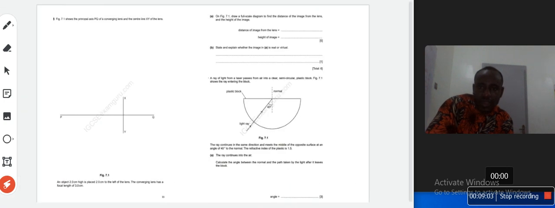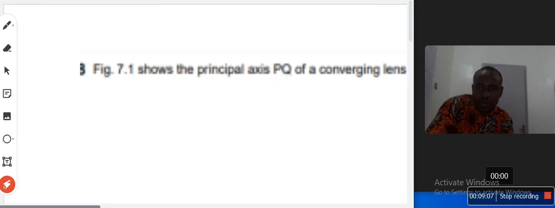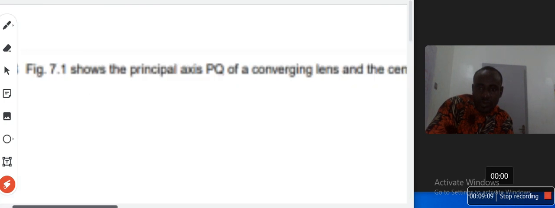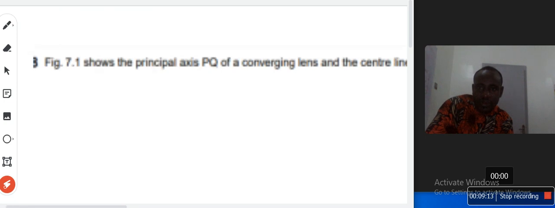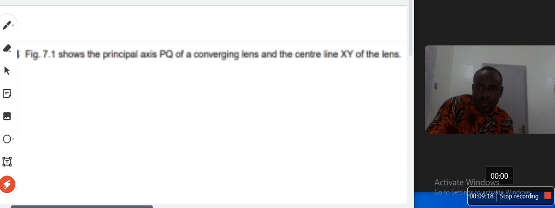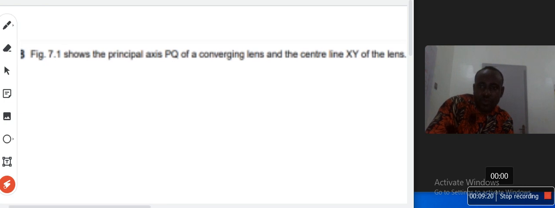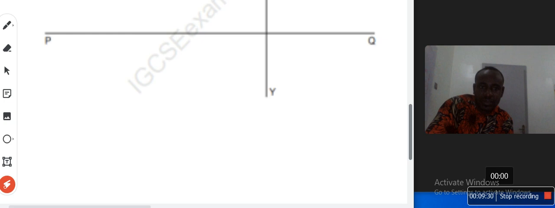Okay, now this question says, let me read it out, zoom in a bit. Figure 7.1 shows the principal axis PQ of a converging lens and the center line XY of the lens. This is what it's talking about.